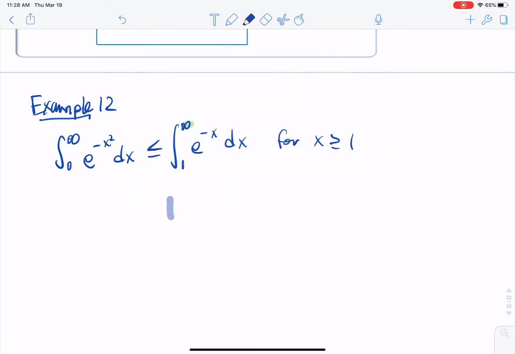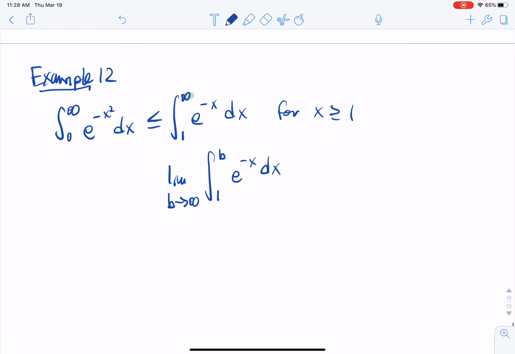So we've got the limit, and I'm going to take that infinity out and replace it with a b, as b approaches infinity, definite integral from 1 to b of e to the negative x dx, which we've already done a couple of times.